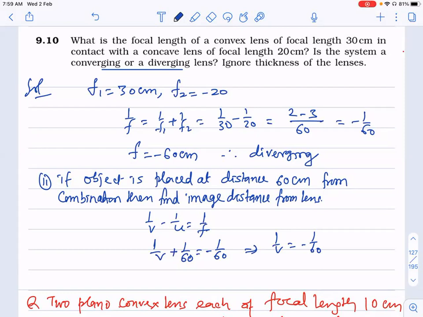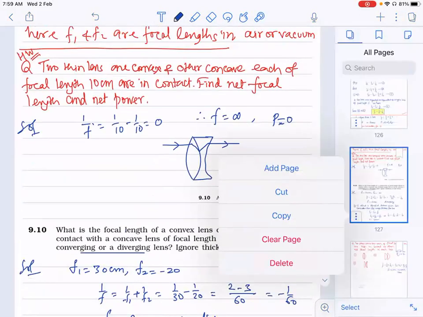Okay, ये माइनस सेम साइड में बनेगी प्लस। ओके, ऐसे आएगा देखो यहाँ पर। ओके, I will show you with the diagram. It is all right. सेम साइड में बनेगी। 2/60 will become minus, so v is equal to minus 30 centimeter. So can we check it with the diagram? Yes, we can do it.